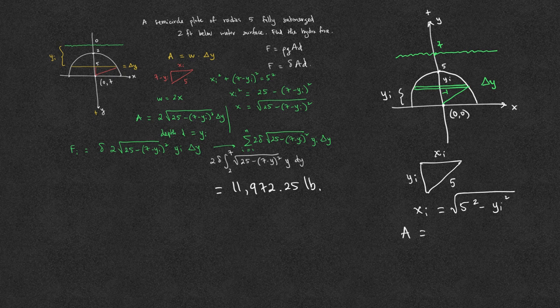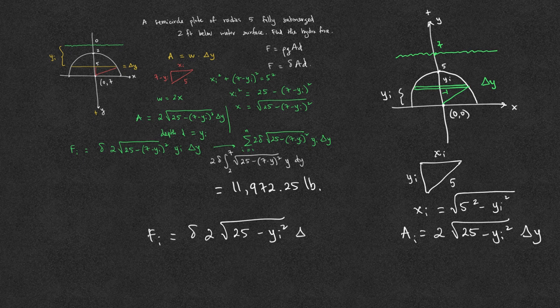The area this time is 2 times the square root of 25 minus y sub i squared. This is the area of the slice times the thickness delta y. And so the force at the slice this time is the density times the area, which is 2 times the square root of 25 minus y sub i squared, delta y.